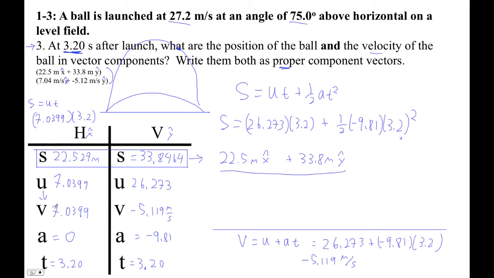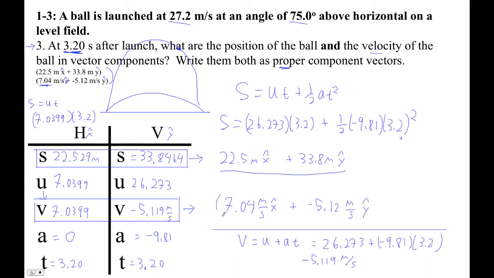Okay, and then our final velocity is these guys. I can pull these out and write them as 7.04 meters per second in the x direction. No matter where we look at this whole projectile motion, the x component is just solidly going to be 7.04 meters per second in the x direction, and then negative 5.12 meters per second in the y direction.